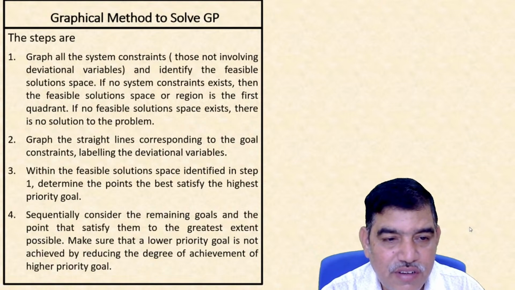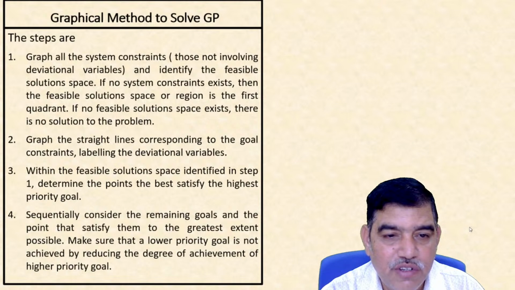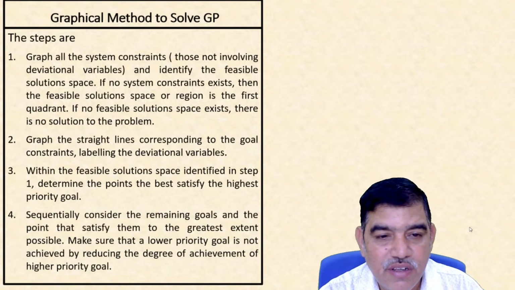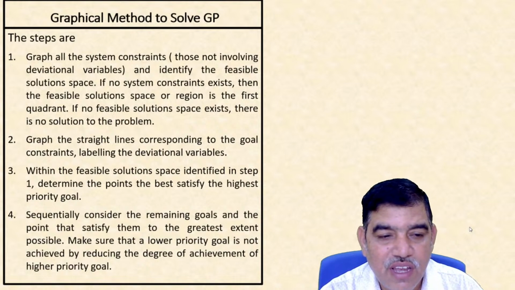and then within the feasible solution space, that is the third step I am mentioning here. Within the feasible solution space identified in step 1, determine the points that best satisfy the highest priority goal. And the fourth step, sequentially consider the remaining goals and the points that satisfy them to the greatest extent possible.